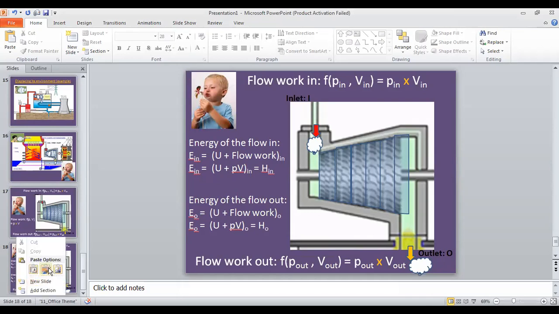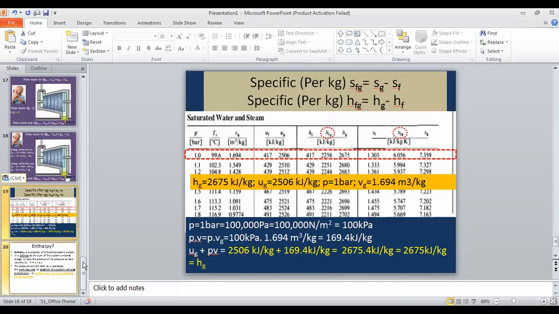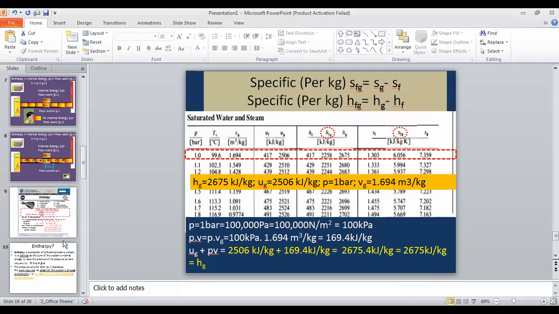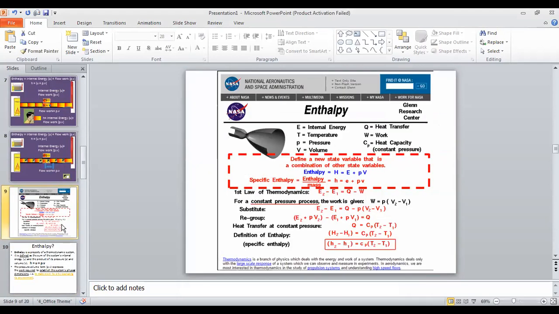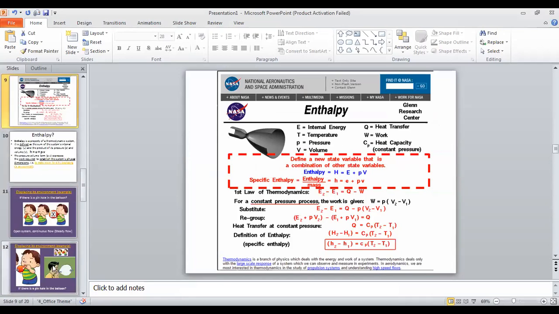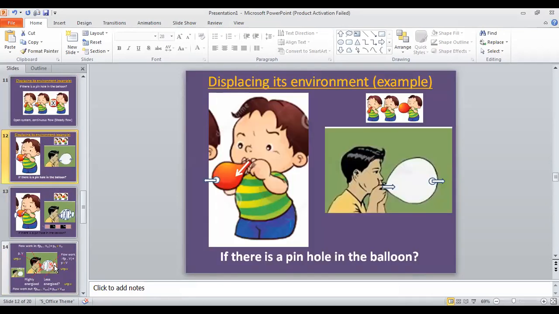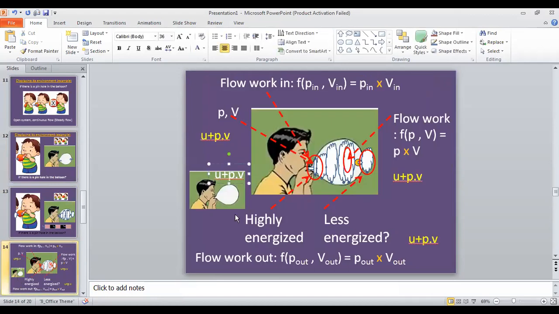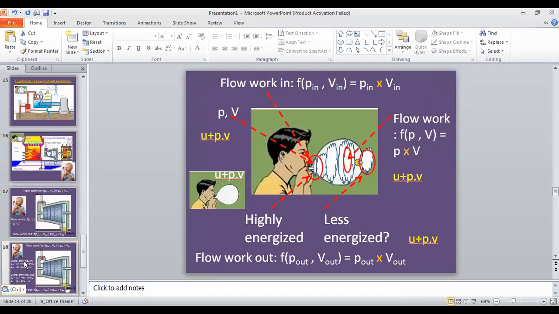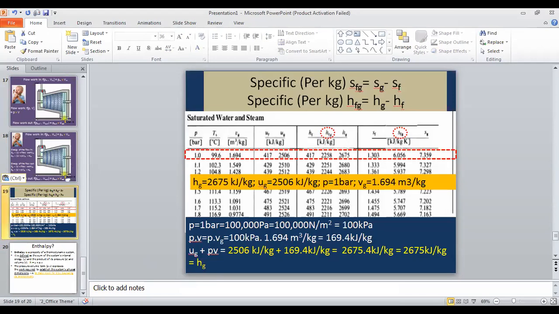And finally, you came to know that U plus PV is something like a property. Even on the NASA website, it's defined, because that's the best way to get it defined. No matter whether it's flowing in and out or even stationary like this, U plus PV becomes a property. So if you go to the steam table, I take the 1 bar.